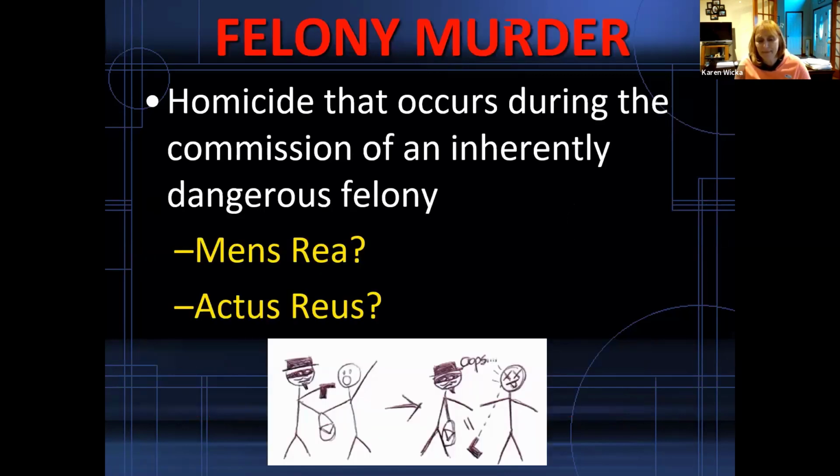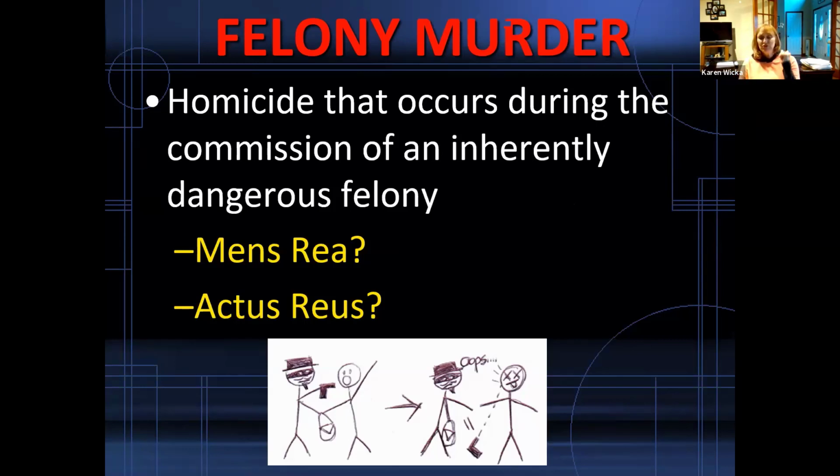So what has happened is the law has created what they call felony murder. So felony murder messes with the intent, the mens rea, a little bit. So felony murder is a homicide, so one person taking the life of another, that occurs during the commission of what we call an inherently dangerous felony.